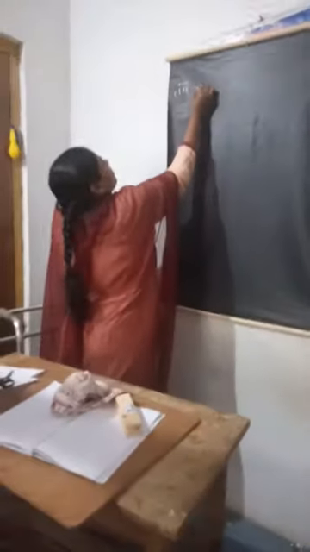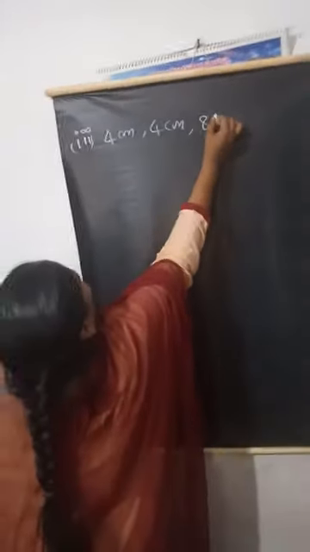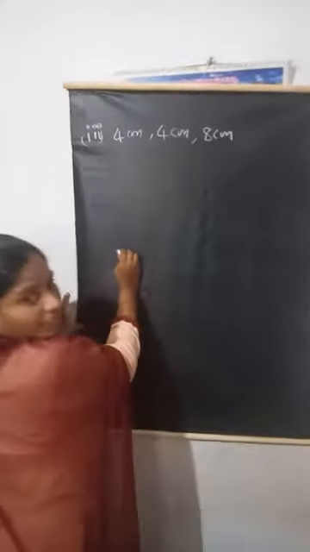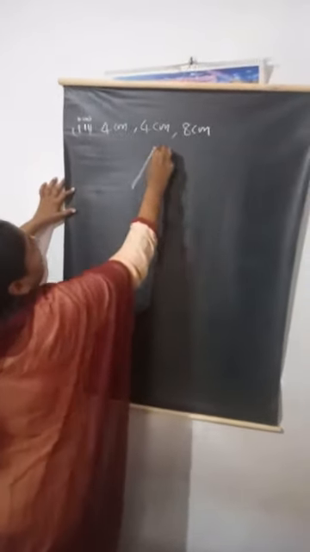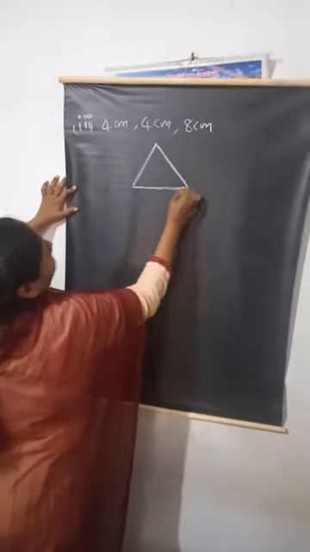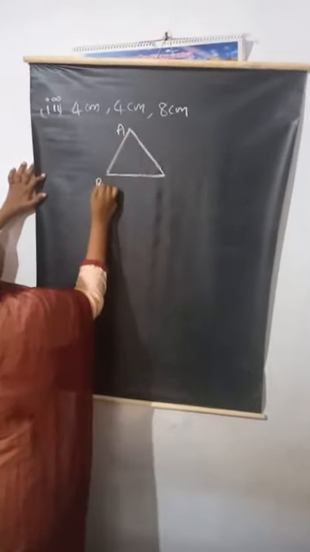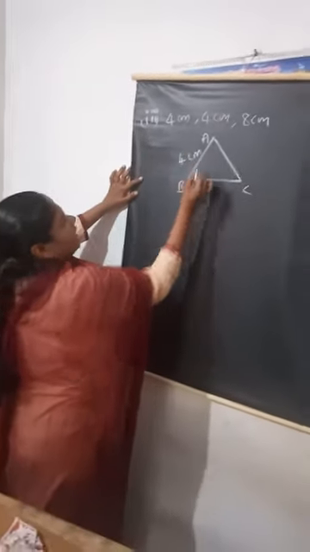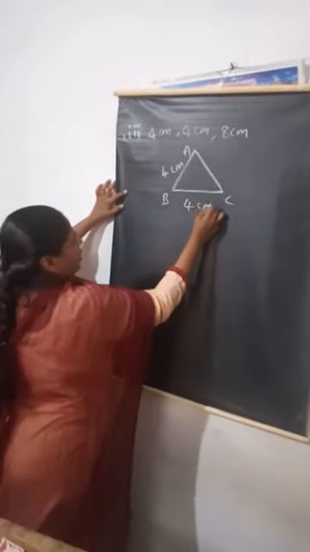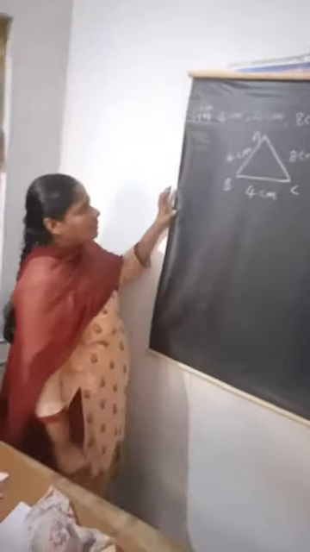Textbook third problem. 4 centimeters, 4 centimeters, 8 centimeters. Also draw a triangle, name it ABC. One side is 4 centimeters, another side is 4 centimeters, another side is 8 centimeters.